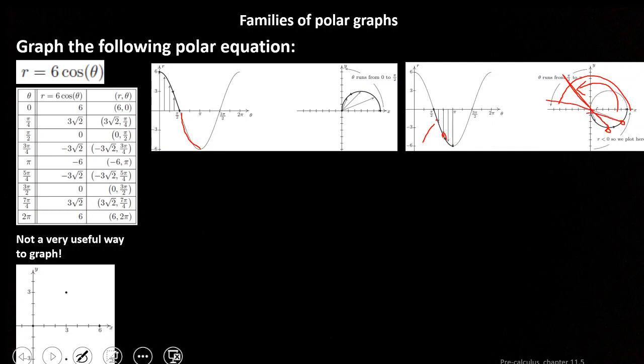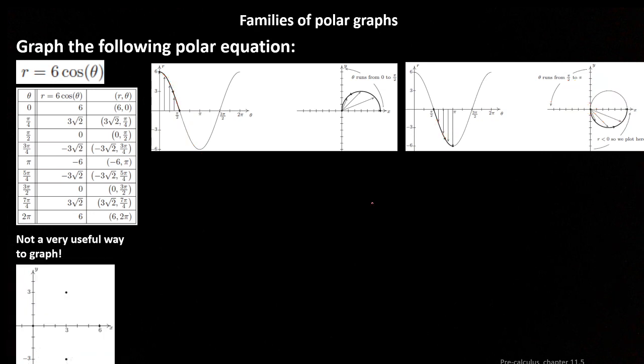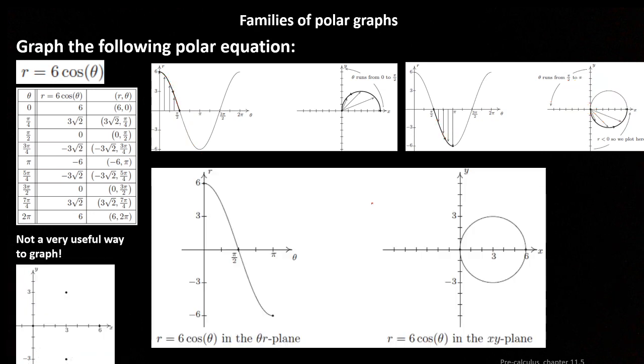You get that point, and so forth. So all of these points convert to those points that you see there. And then we continue, and if you graph the rest of this part and that part, you're going to get a complete graph of that circle.